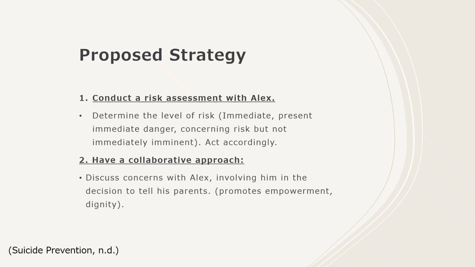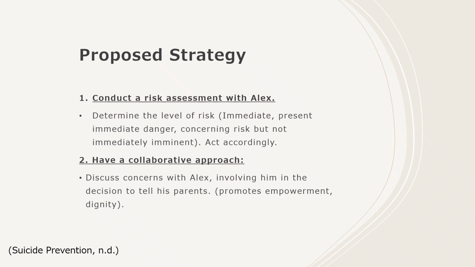My proposed strategy has a couple of parts. For one, you should conduct a risk assessment with Alex, the client, because you need to determine the level of risk, whether it be present immediate danger, or a concerning risk but not immediately imminent, and you should act according to those.